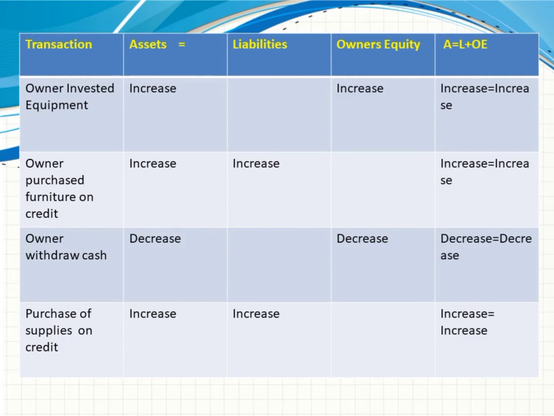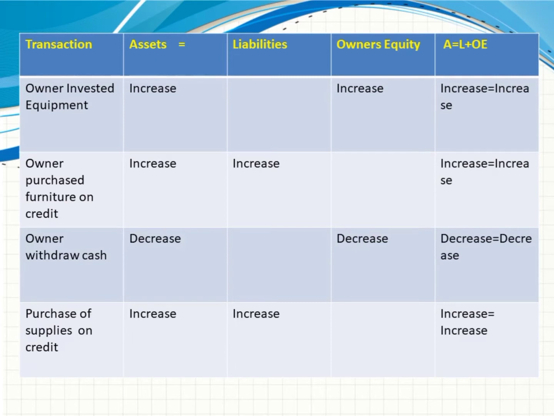What will be the effect to the assets? There will be an increase to the assets since the owner invested the equipment. So increase in assets, equipment. There's no effect to the liabilities. And of course, there will be an increase to the owner's equity.